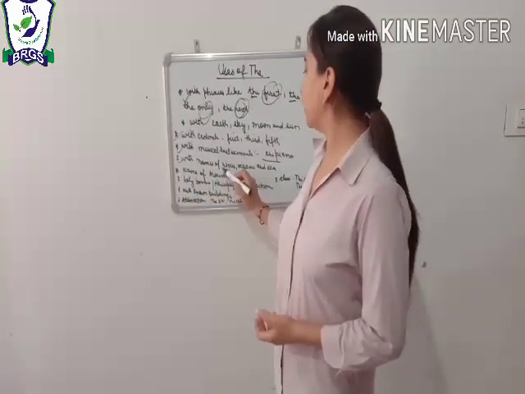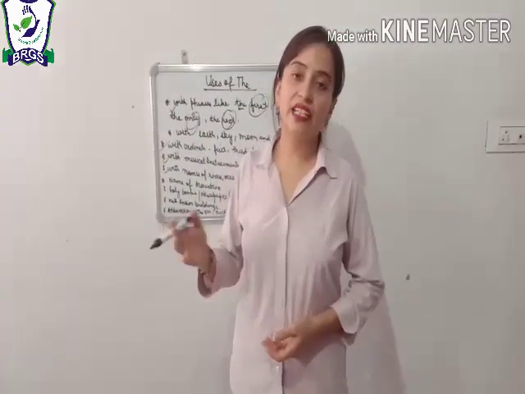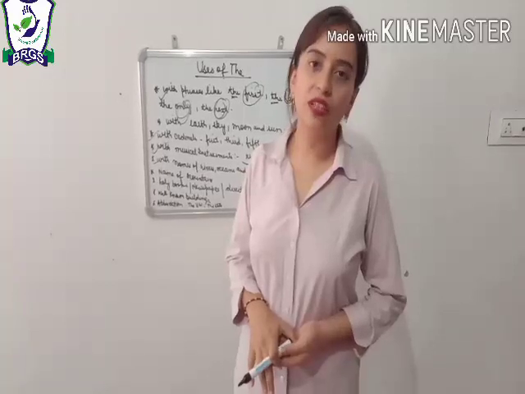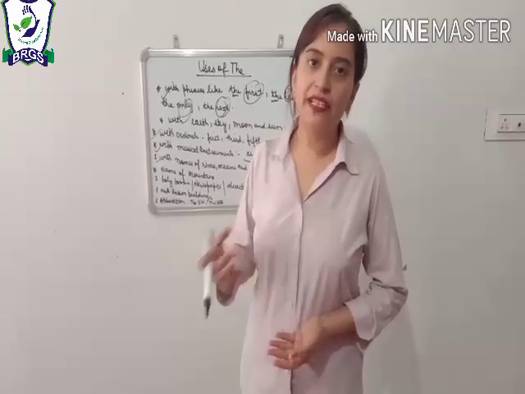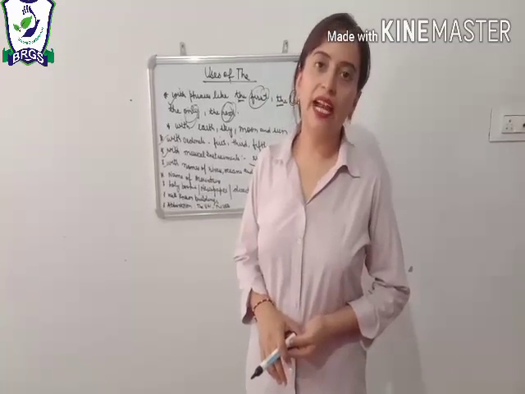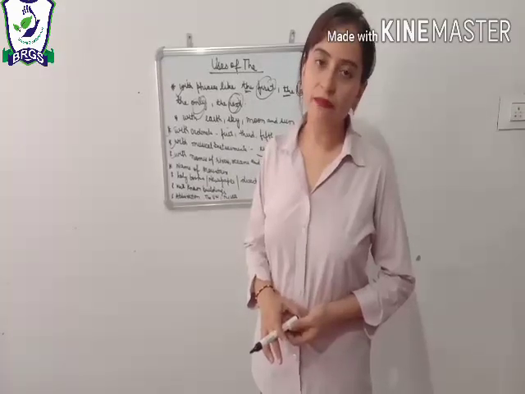With names of rivers, oceans and seas, we have to use the before their name. For example, the Ganga, the Yamuna, the Nile, the Amazon. These are the names of rivers, so we are using the.